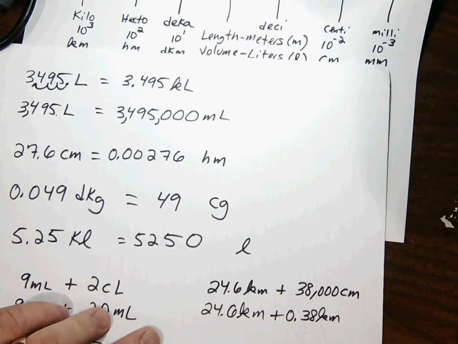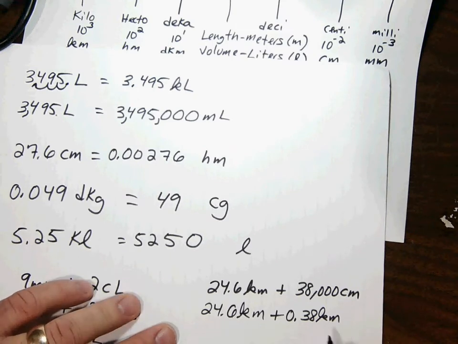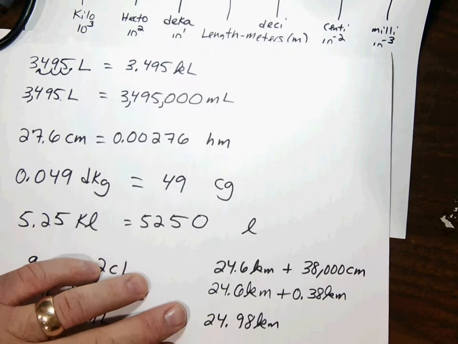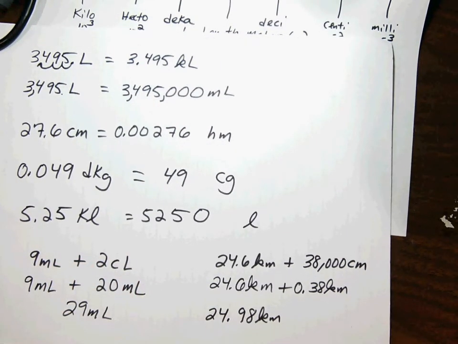Okay, so we're going to put these two things together, and if I add that, I'm going to get 24.98 kilometers, right? When I add those two things together, yeah, that's right. Okay, so when we add units, they have to be the same. It has to be the same unit.